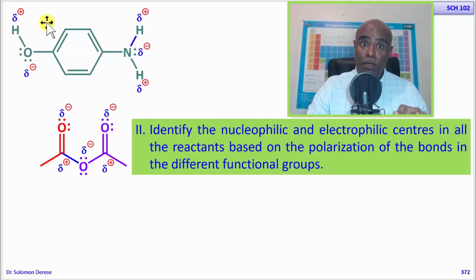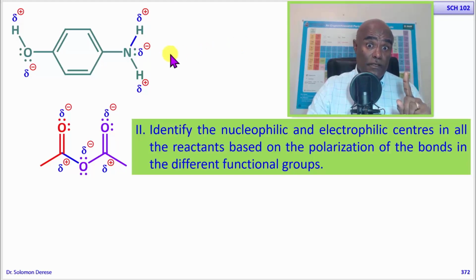Is it 4-aminophenol or is it acetic anhydride that acted as the nucleophile? So that's why we need to identify the nucleophilic and electrophilic centers of the different functional groups in the reacting species for purpose of determining which one of the reactants is going to act as the nucleophile and which one is going to act as the electrophile.